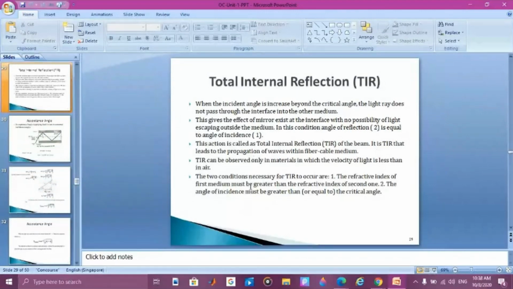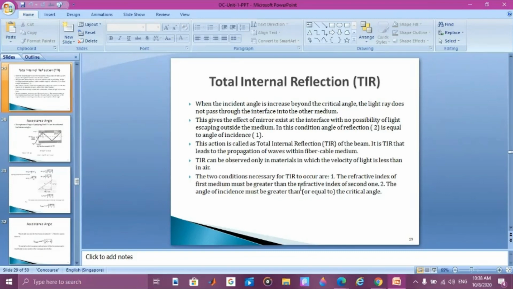Okay, so TIR can be observed only in materials in which the velocity of light is less than in air. So two conditions are necessary for TIR to occur. First, the refractive index of the first medium must be greater than the refractive index of the second medium, that is n1 is greater than n2.